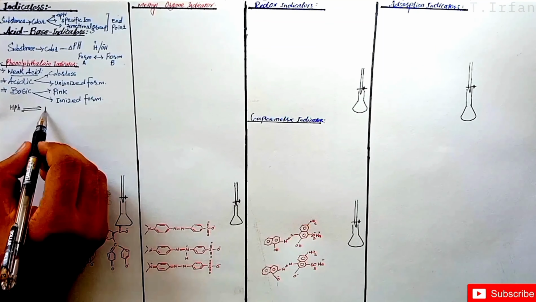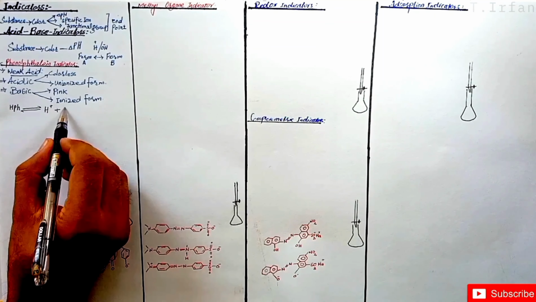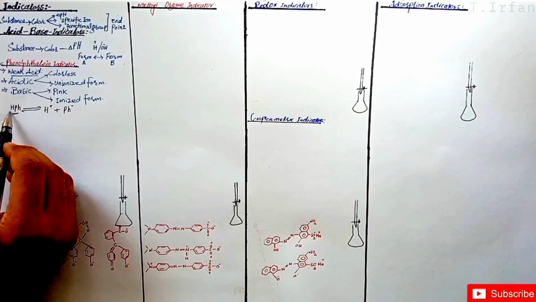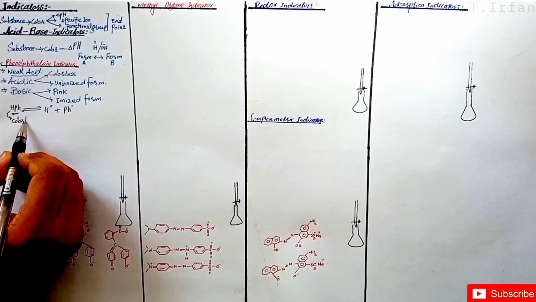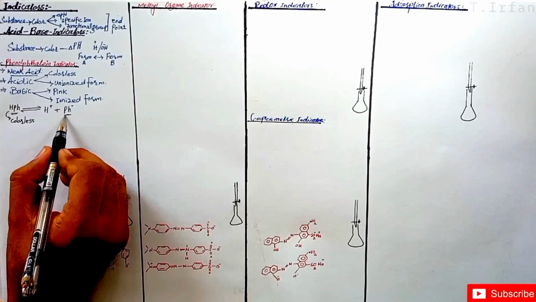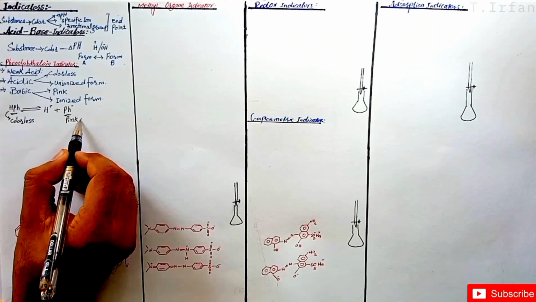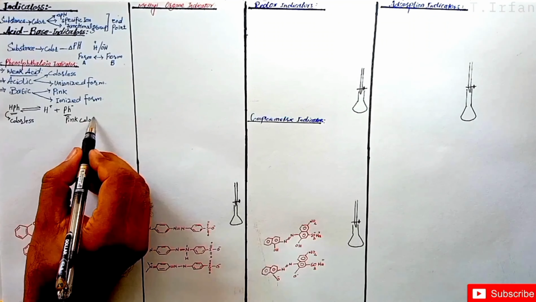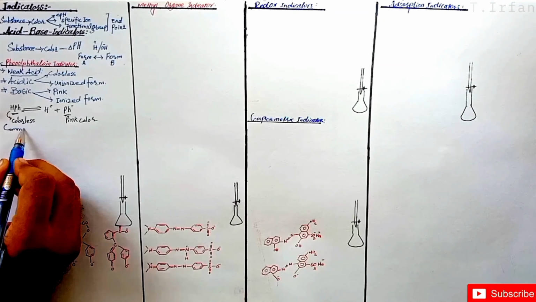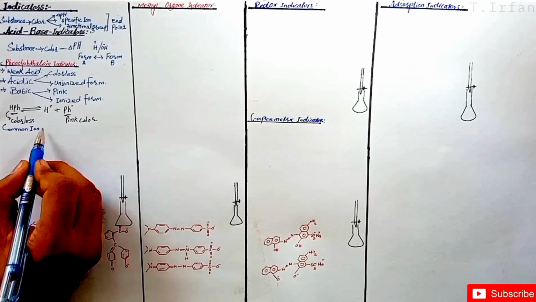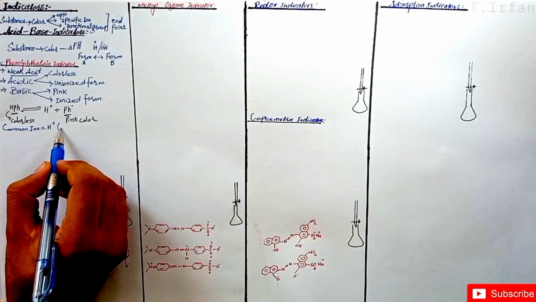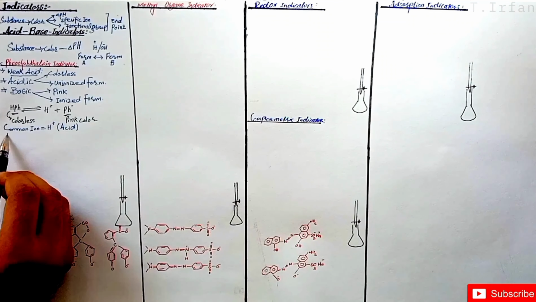We represent this indicator as HPh, which ionizes in aqueous medium and forms Ph negative ion. Note this HPh form exists in acidic medium and is colorless, while on the other hand Ph negative exists in basic medium and shows pink color. In acidic medium, H+ ion is a common ion.